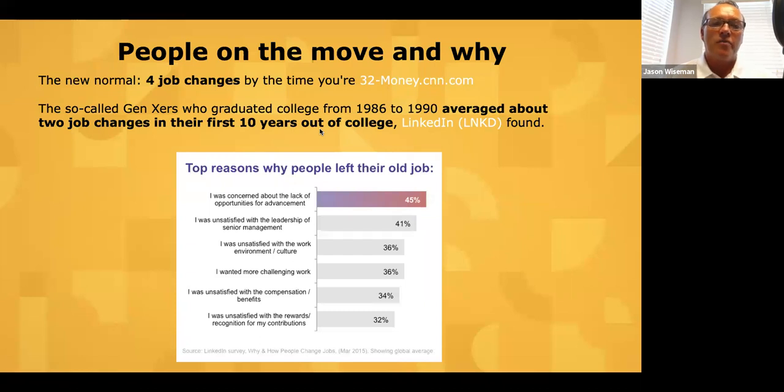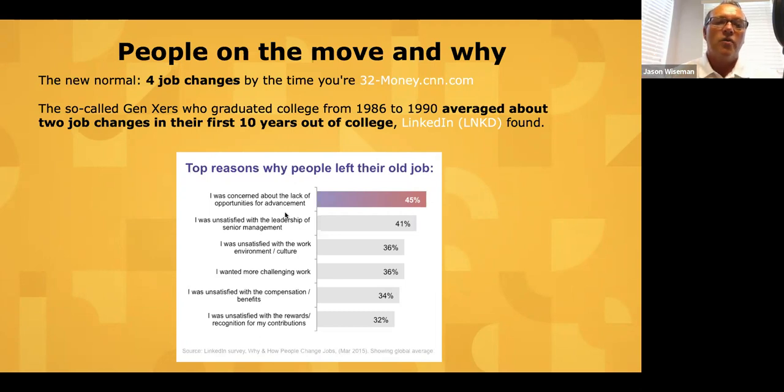And when you survey people, the number one reason is that they were concerned about the lack of opportunity for advancement. And I remember being in the corporate world, and I had good jobs, I had good managers. I mean, I had a good run there, but I do remember feeling stuck. You get to a certain position in a company, and there's not a ton of upward mobility. I think that's the reason people change jobs a lot.